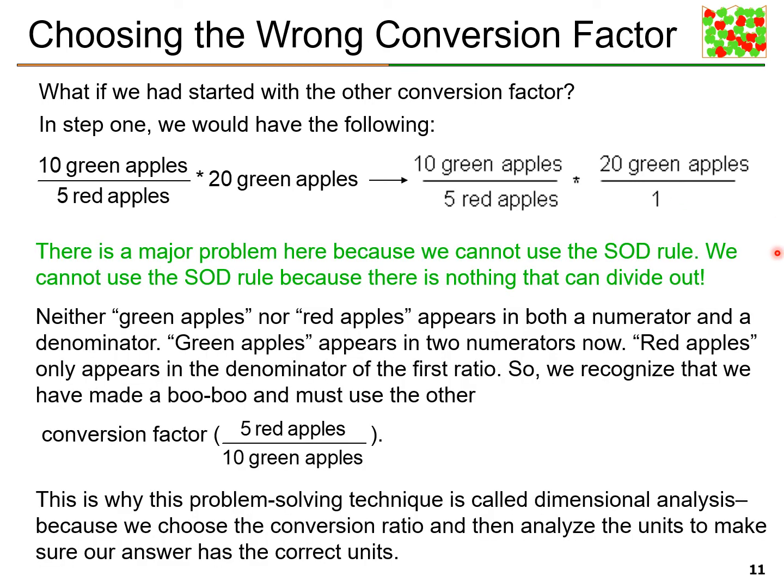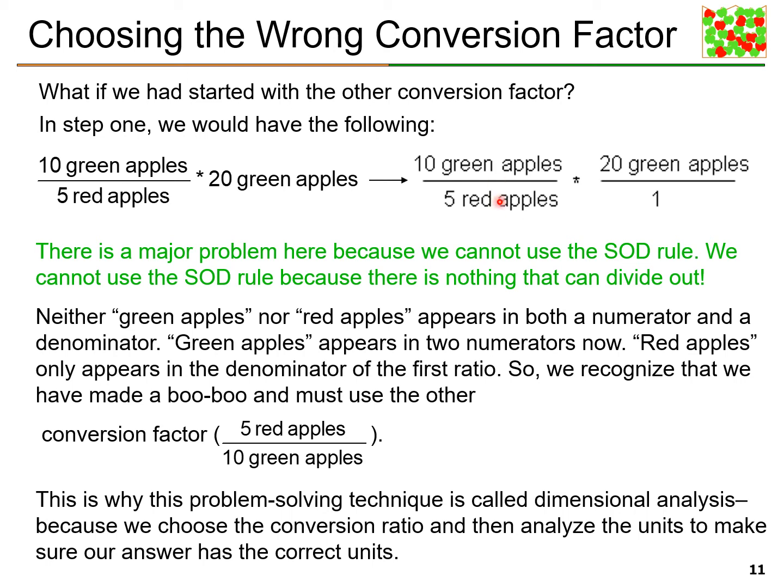There's a major problem because we cannot use the same object division rule because there is nothing we can divide out. Neither green apples nor red apples appears in both a numerator and a denominator. Green apples appears in 2 numerators. Red apples only appears in the denominator of this first fraction.